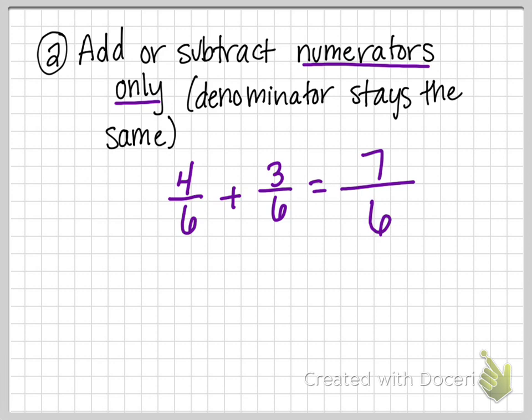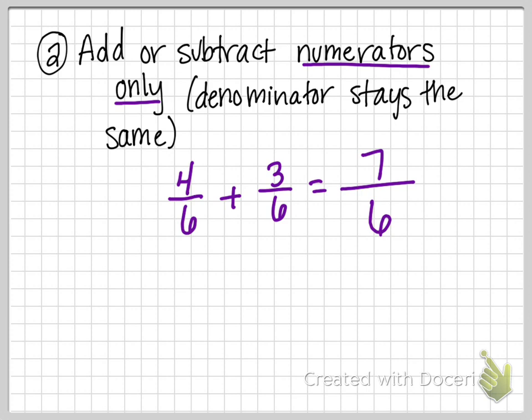Okay, you can leave this as an improper fraction, and I will always accept it as an improper fraction, but sometimes, as we've seen on Big Ideas, they will want it as a mixed number. So you also need to be able to convert mixed numbers to fractions and fractions to mixed numbers. If you need more help with that, I will send you a video, so email me. I'm not going to go over this right now.